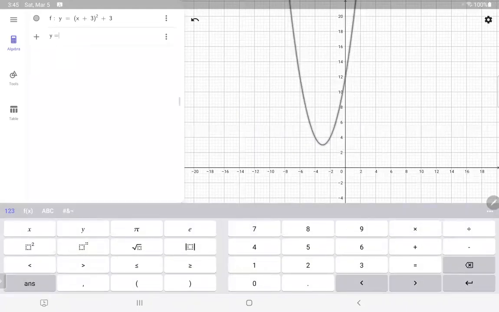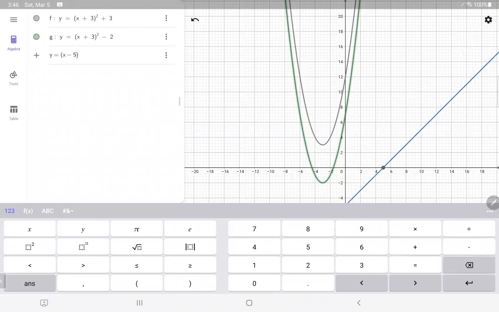Y equals x plus 3 squared, sorry, minus 2, I guess. Yes. Y equals x minus 5 squared, minus 5, y minus 5 here, plus 3.